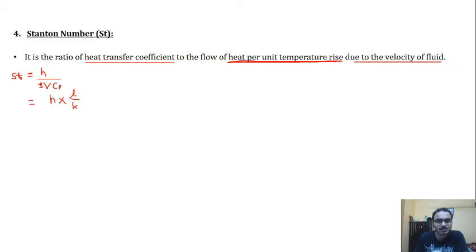It is the ratio of heat transfer coefficient to the flow of heat per unit temperature rise due to velocity of fluid. So it is given by this, and Stanton number is nothing but the ratio of Nusselt number and the product of Reynolds number and Prandtl number.